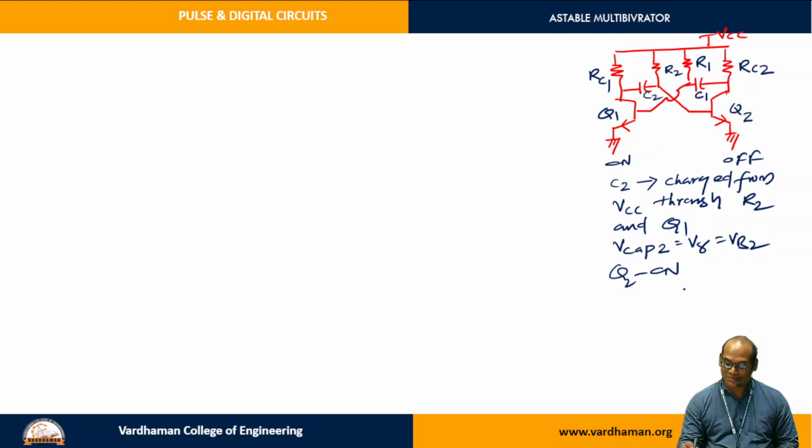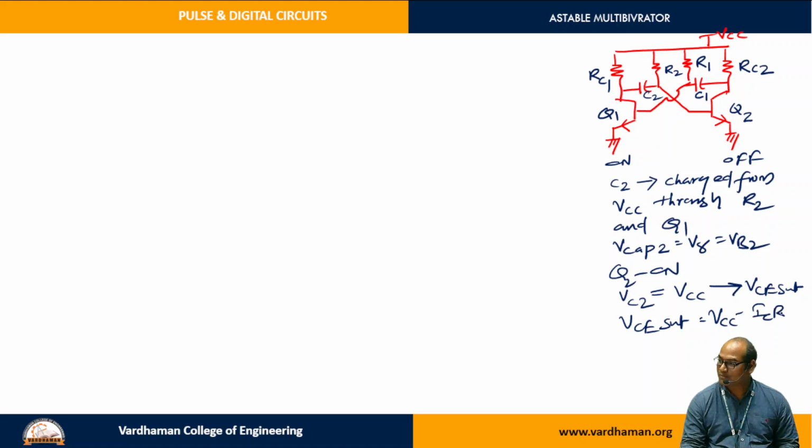When Q2 is becoming on, what will happen? The collector voltage of Q2 transistor changes from VCC to VCE sat. That means VCE sat is coming from VCC by having the voltage drop IC into RC2, by KVL at the output we can write.